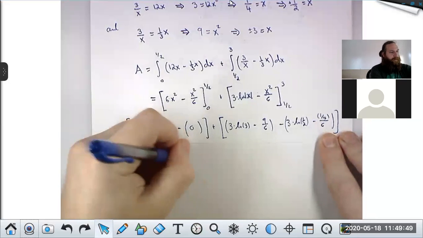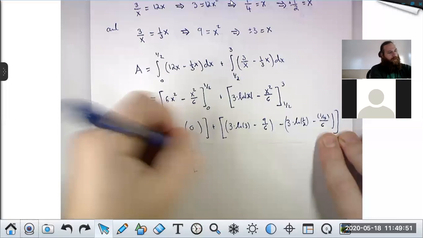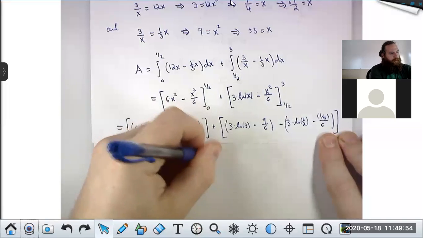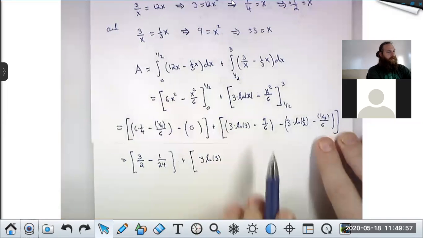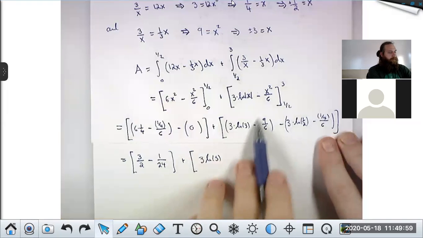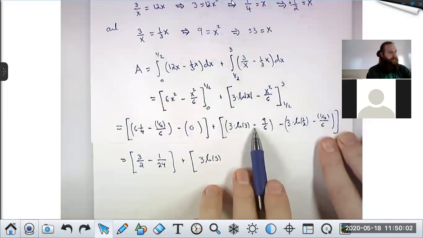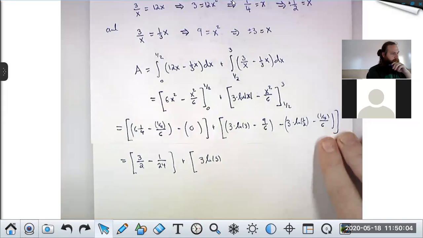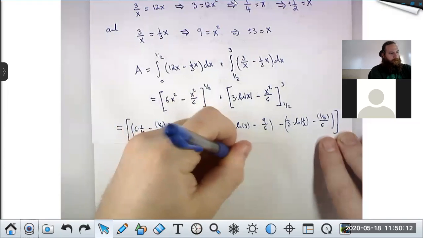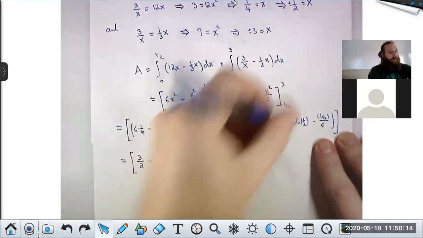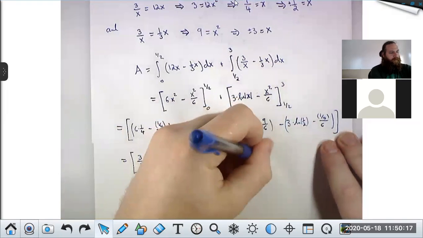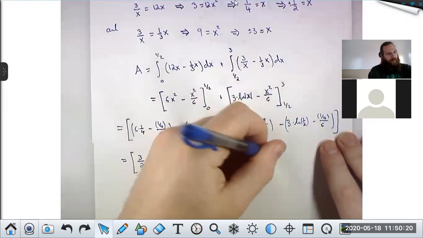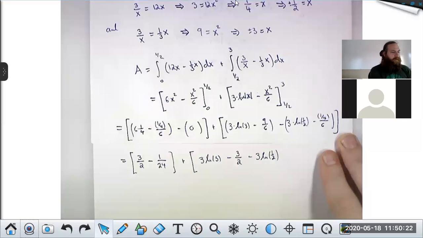And then from the second box, I have my 3 ln 3 minus 9/6, which is the same as 3/2 again, right? Is it? Yeah. Divided by 3, yeah. And then I'll have minus 3 times the natural log of 1/2. And then this minus will distribute and make that other minus a plus, and that'll be a plus 1/24.